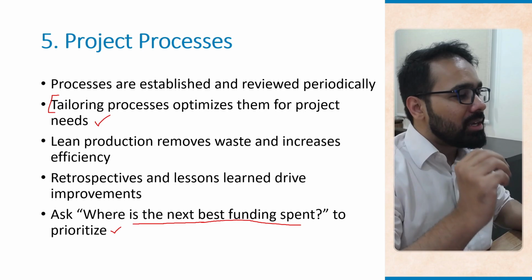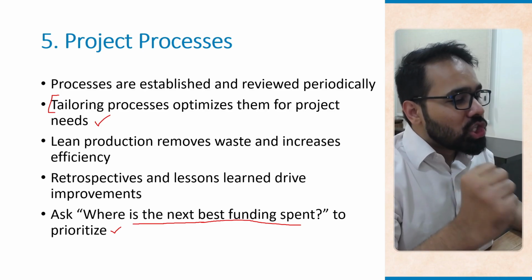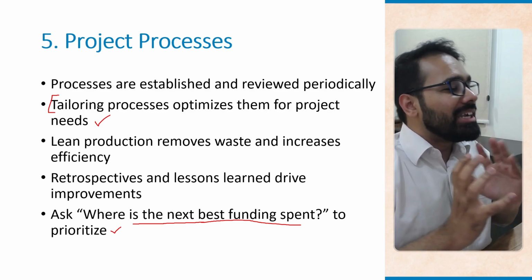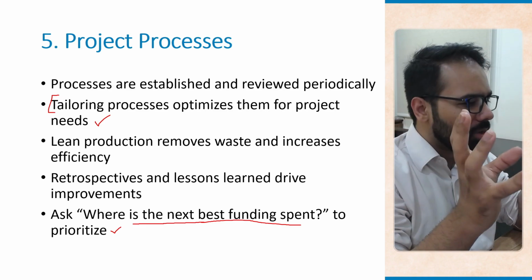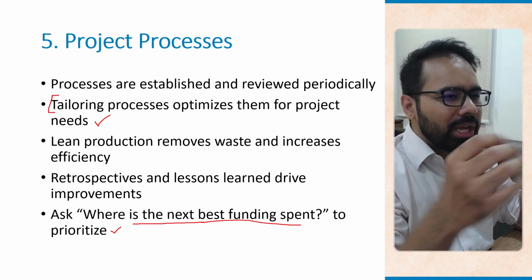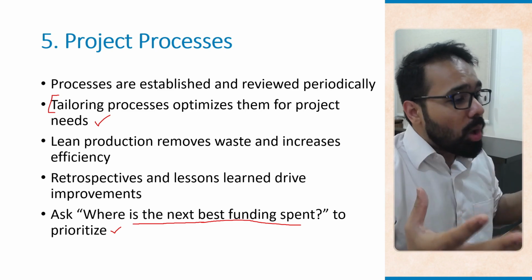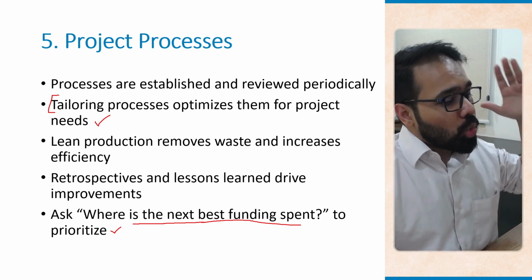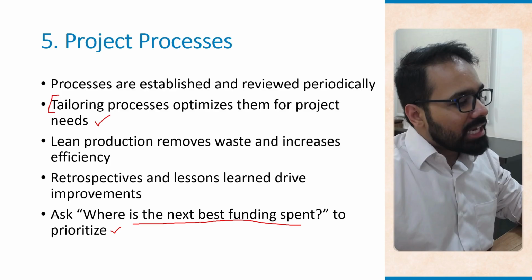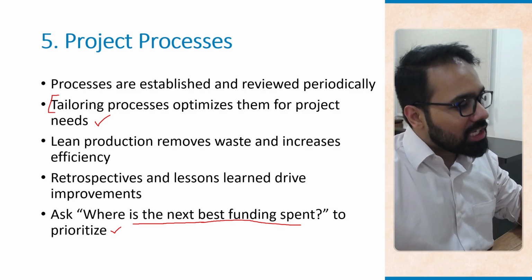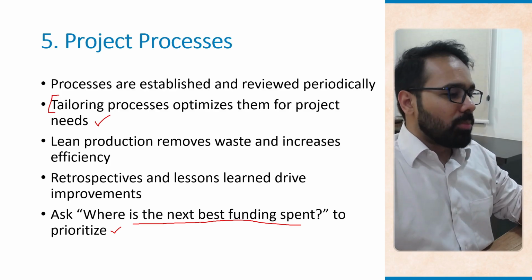As an example, tracking conformance should not outweigh delivering outcomes, right? Just because you're tracking some sort of conformance, it should not outweigh delivering the actual outcomes of the project. If you're focusing too much on check boxes, then this is going to take actual project delivery time away from the team.